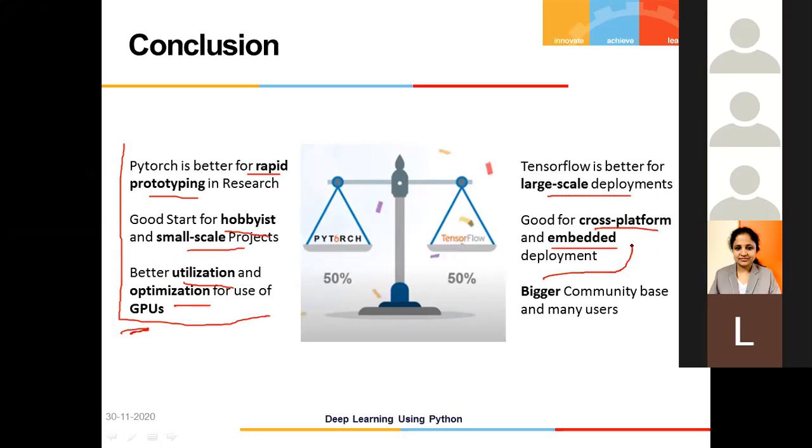That is, for example, if you want to combine IoT and analytics, and you want to apply machine learning there, then TensorFlow goes very well. And this has a very good community base. So a lot of researchers are using TensorFlow compared to PyTorch and you have many users for that, right? So that is the major advantage of using TensorFlow.